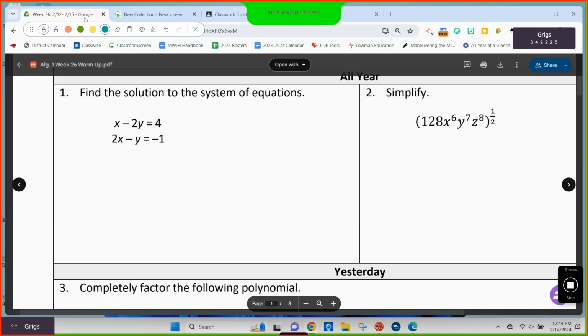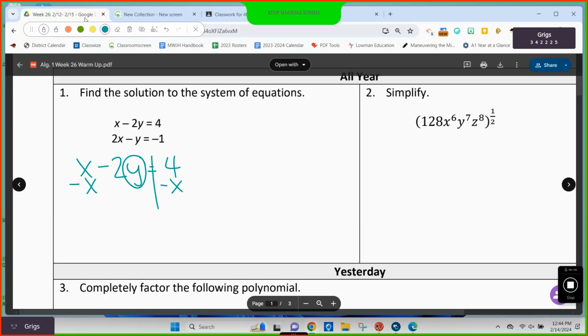Alright, so let me show you a life hack to systems of equations that you're very much going to enjoy. The only thing is I need to get both of these in slope-intercept form. So if you solved them out, good deal. If you didn't remember how to do systems of equations, we're going to do a cheat code. Alright, so if I'm going to balance y to be by itself, I'm going to take x from both sides.